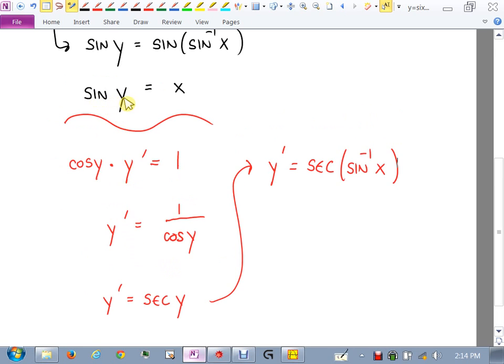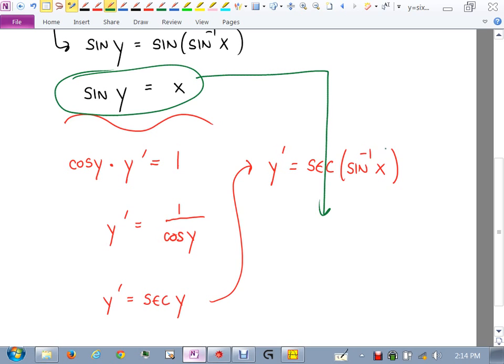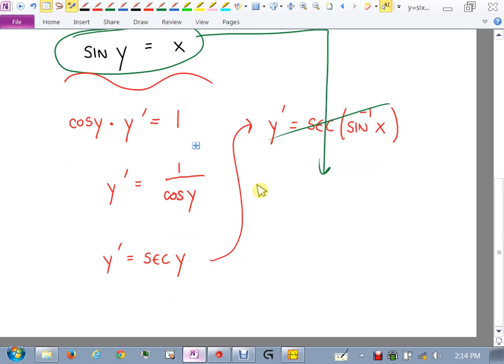So running back up here to this right here, sine of y equals x. Just let me draw something. You tell me if you buy this or not. You either do or you don't. Okay, I'm going to go back to that piece of information. Forget this for a second. I'm going to draw a right triangle. You love right triangles, I know you do.